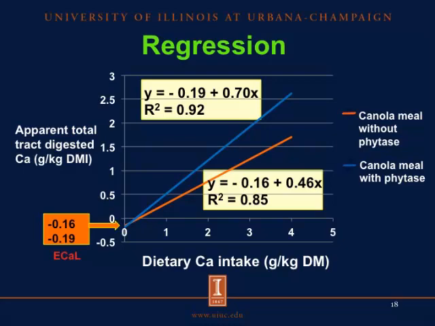So the two intercepts that we got from these two linear equations represent the endogenous losses of calcium, 0.16 for the canola meal diets without phytase and 0.19 for the canola meal diets with phytase. We test if these two values were different from each other, and they were not significantly different. Therefore, microbial phytase does not have an impact on endogenous losses of calcium in pigs.